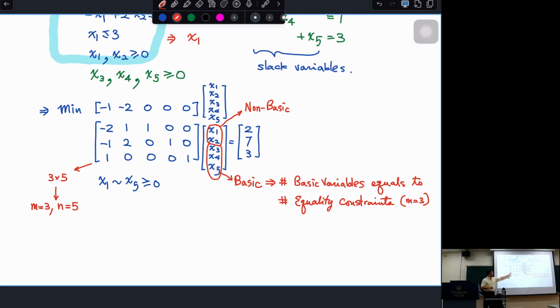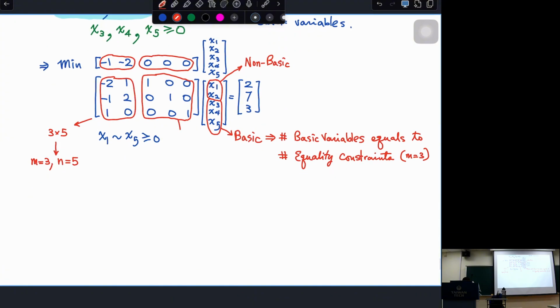Okay, so once we separate them, we are now going to do the same thing for their corresponding coefficients. Because we separate x into two groups, we're going to do the same thing to C and A, based on the same type of grouping. So here, this would be the A matrix, but the basic part.